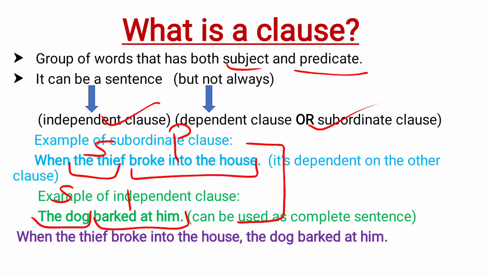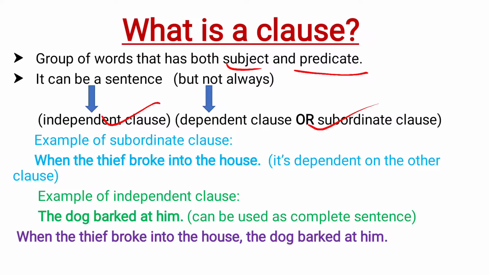You can see here with the example that a subordinate clause is dependent on the other half, the independent clause. When the thief broke into the house, the dog barked at him. These two clauses are combined together to make a complete meaningful sentence. This whole sentence is made up of two clauses.